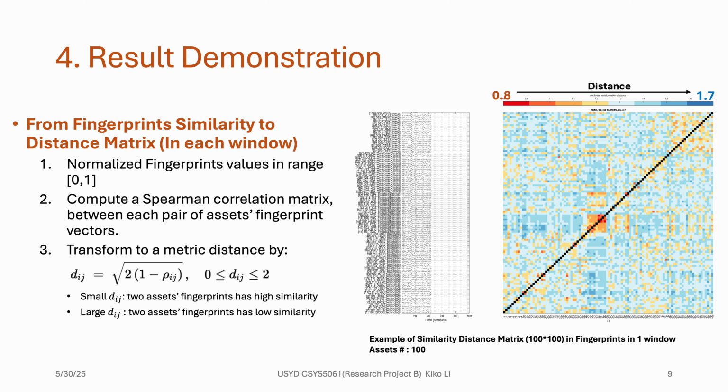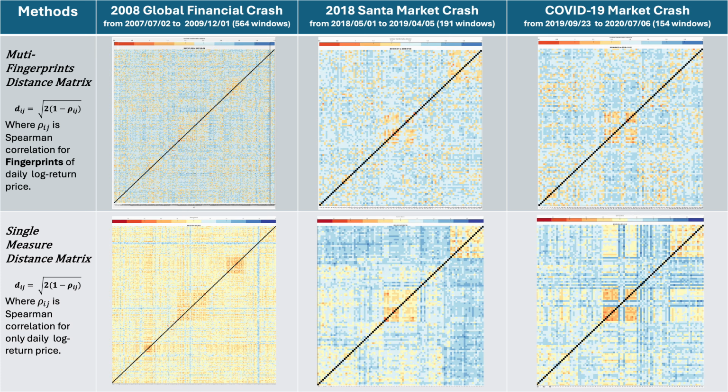Blue squares mean two assets are far apart, which represents a low similarity relationship in their fingerprints, while warmer colors mark asset pairs that are highly correlated in their fingerprints, so they are shorter in distance.